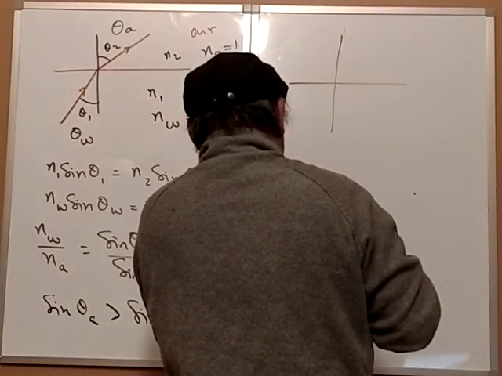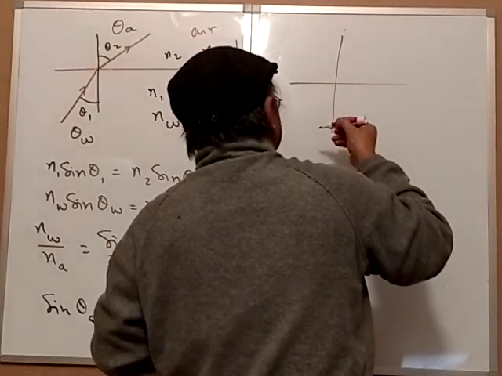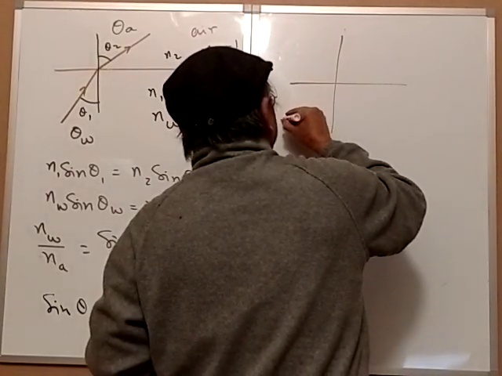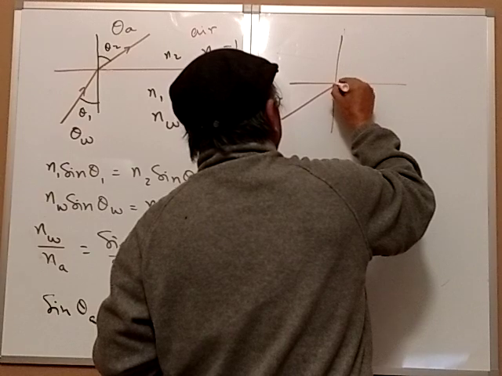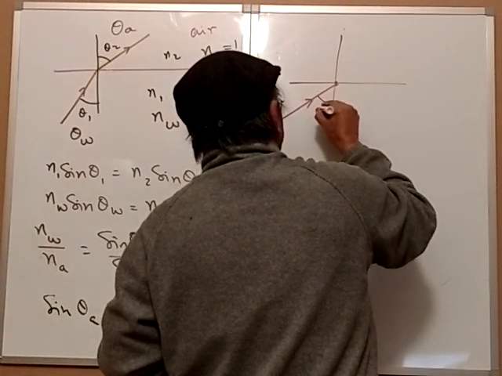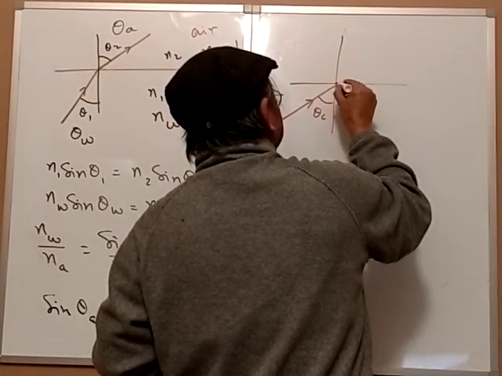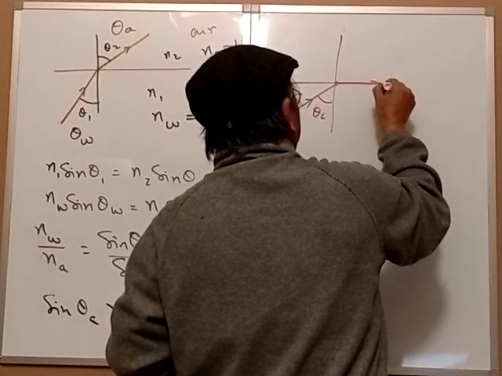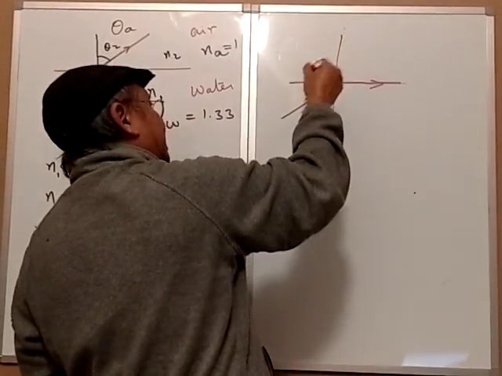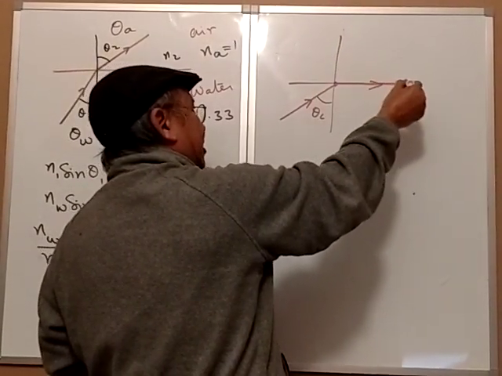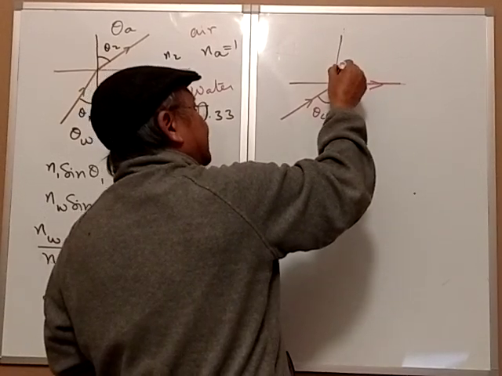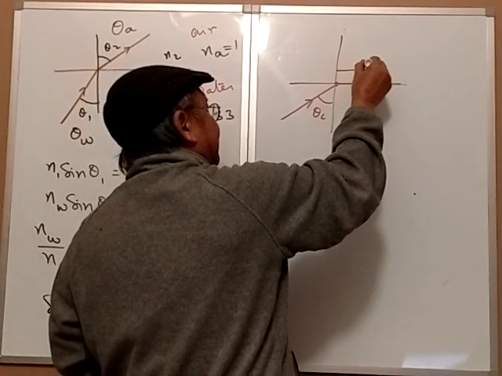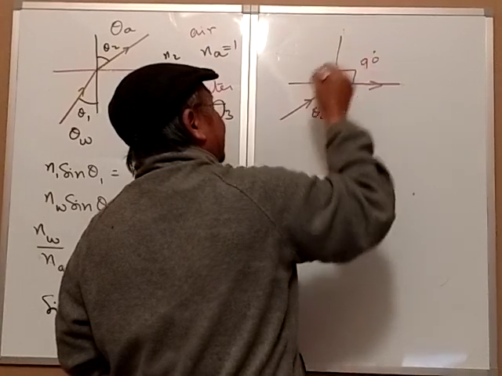So in that situation, what you will see is like that: you have the incident light ray coming at the critical angle, and this is the refracted ray, and instead of going into the other medium, it's now totally parallel to the surface, or you can say that the refracted angle is 90 degrees.